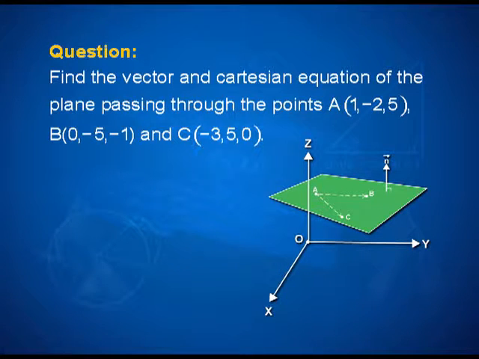The problem here states that find the vector and Cartesian equation of the plane passing through the points A with coordinates 1, -2, 5, B 0, -5, -1, C -3, 5 and 0.